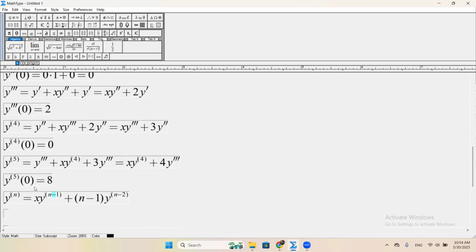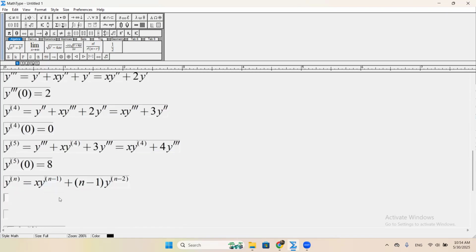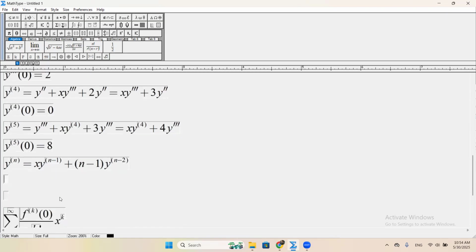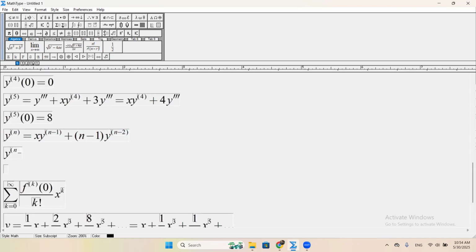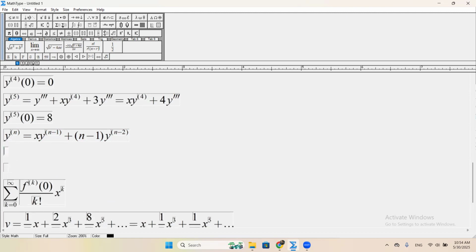Substituting 4, actually the same. So actually we can use even this value somehow. So the nth derivative at 0, I'm actually not sure how it will look like, but that's it.